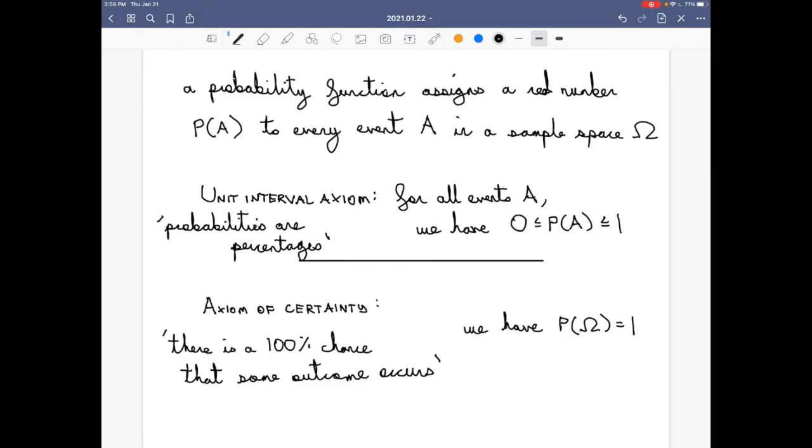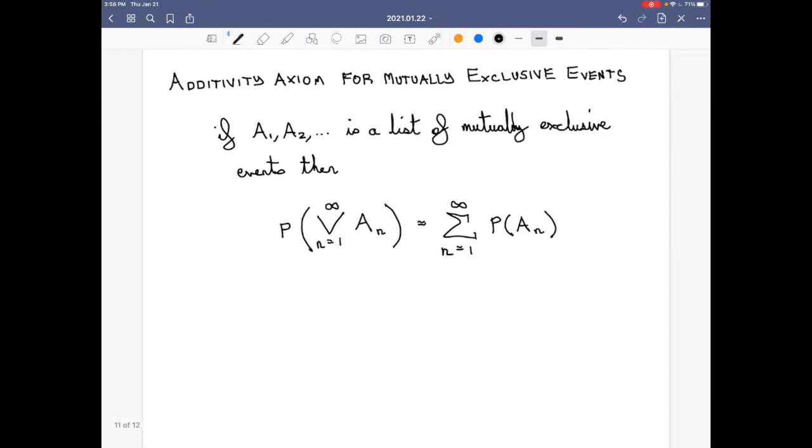Okay. So those are the first 2 axioms for probability, and they're pretty close to the surface. But this axiom for mutually exclusive events is much deeper and represents the real kind of epistemological engine that makes the formalism of probability that we're learning in this course so powerful.